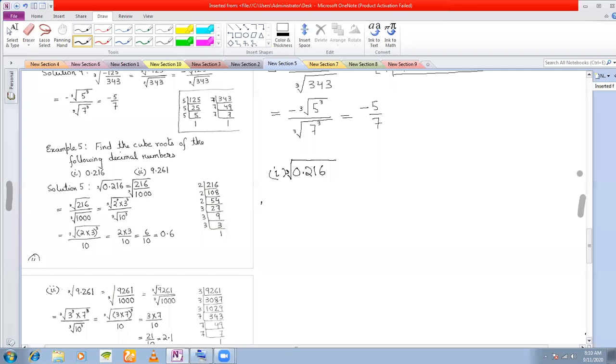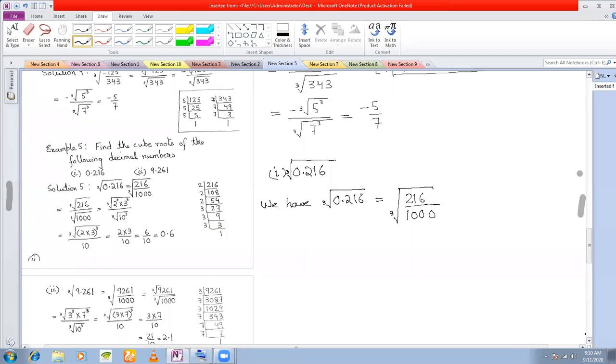Now, in order to find the cube root of a decimal number, you first convert it into a fraction. The cube root of 0.216, if you convert this to a fraction, can be written as 216 by 1000.